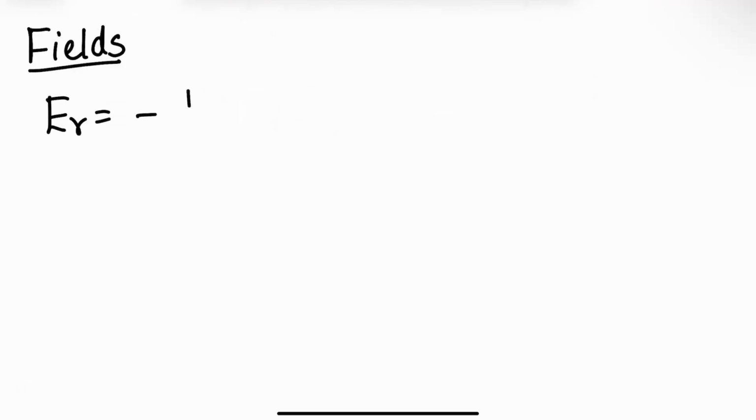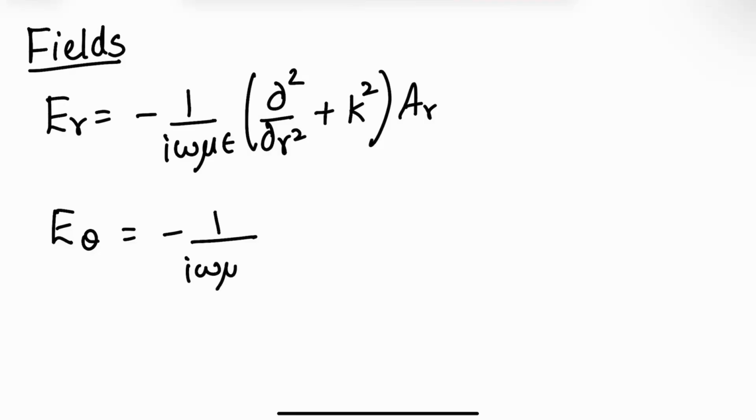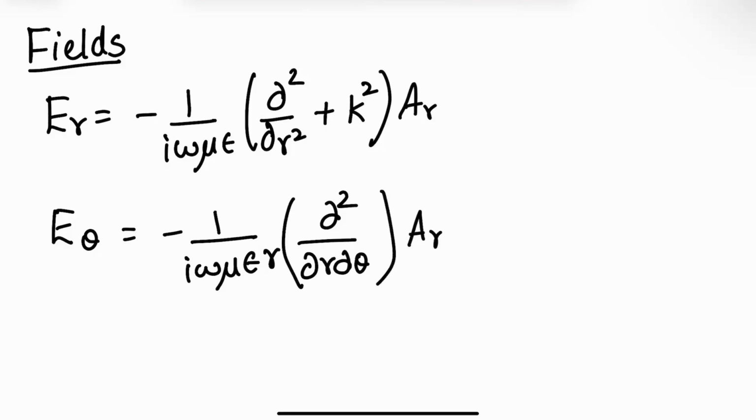So I'll just write the fields for the electric field. E_r is equal to minus 1 over i omega mu epsilon, d squared over dr squared plus k squared, A_r. E theta is minus 1 over i omega mu epsilon, 1 over r, d squared over dr d theta times A_r.